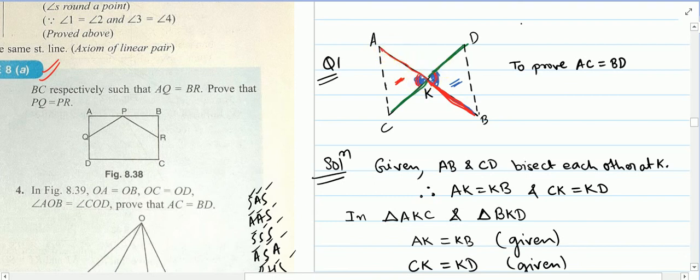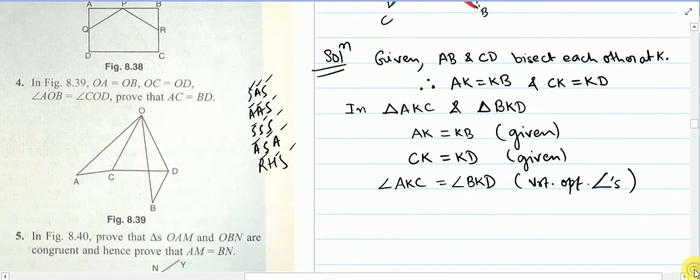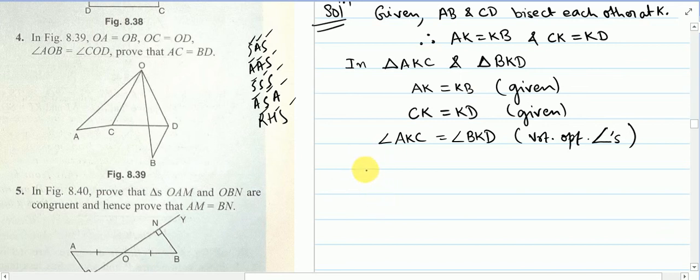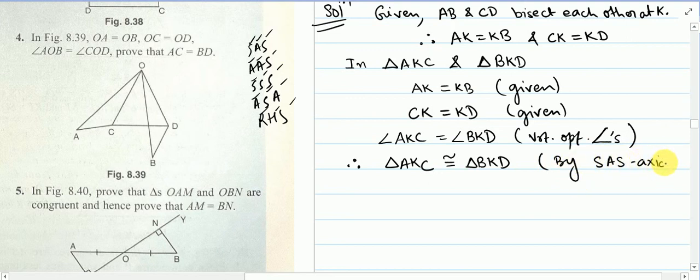Side, angle, side. So by axiom side, angle, side, these 2 triangles are congruent. Therefore triangle AKC is congruent to triangle BKD by SAS axiom.